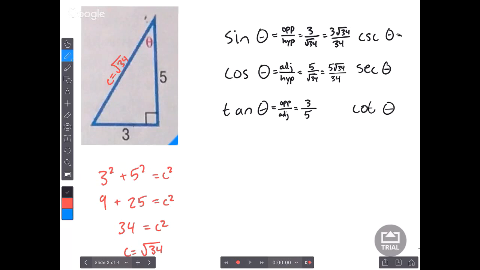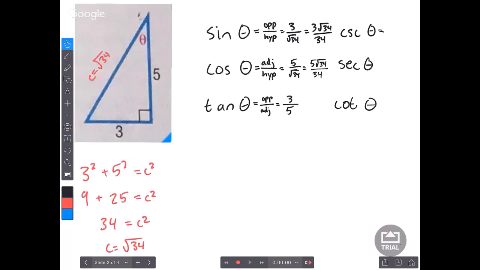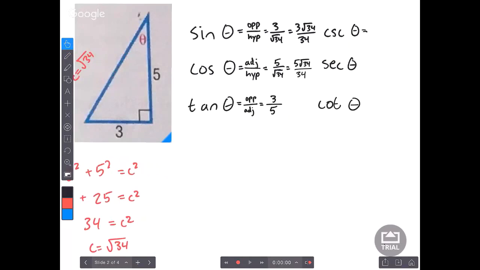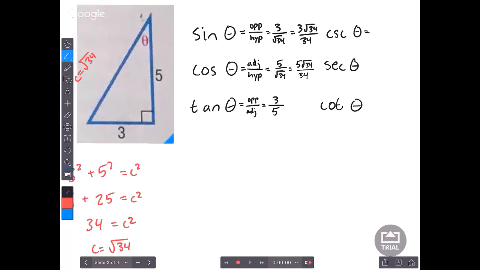The cosecant of theta is the reciprocal of sine. So it's the hypotenuse over the opposite, and it is root 34 over 3.